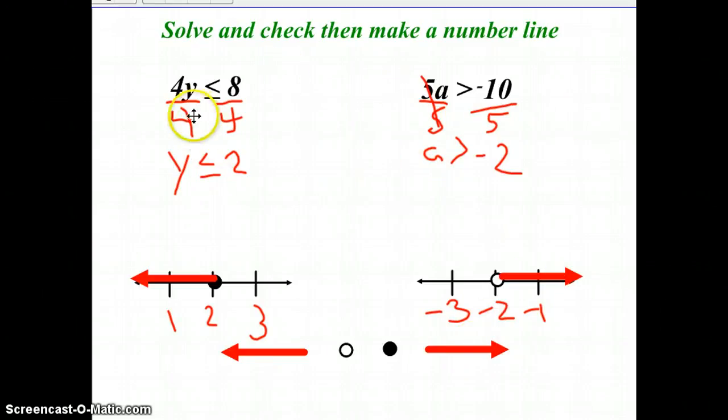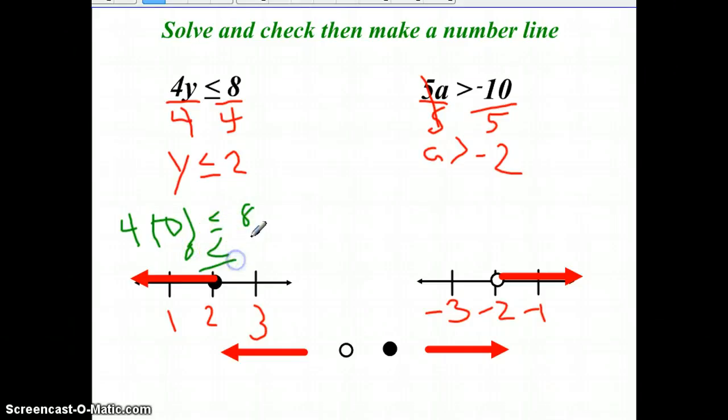Now, in order to check these, you simply go back to your original problem. So here we have 4, and we're going to multiply 4 times anything that is less than or equal to 2. So why not, let's take 0. Is 4 times 0 less than or equal to 8? Of course, 4 times 0 is 0, and 0 is less than or equal to 8. Okay, on to our next one. We plug and chug.